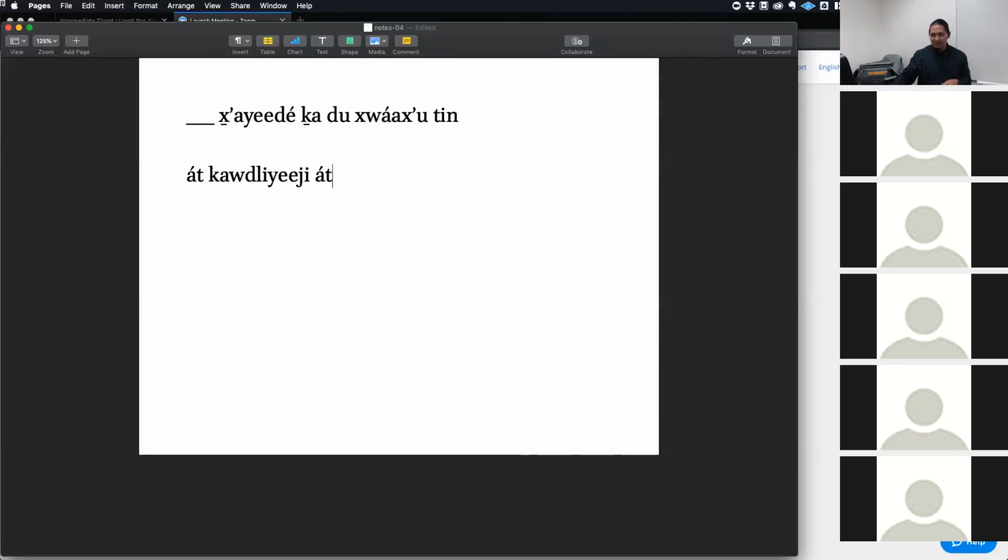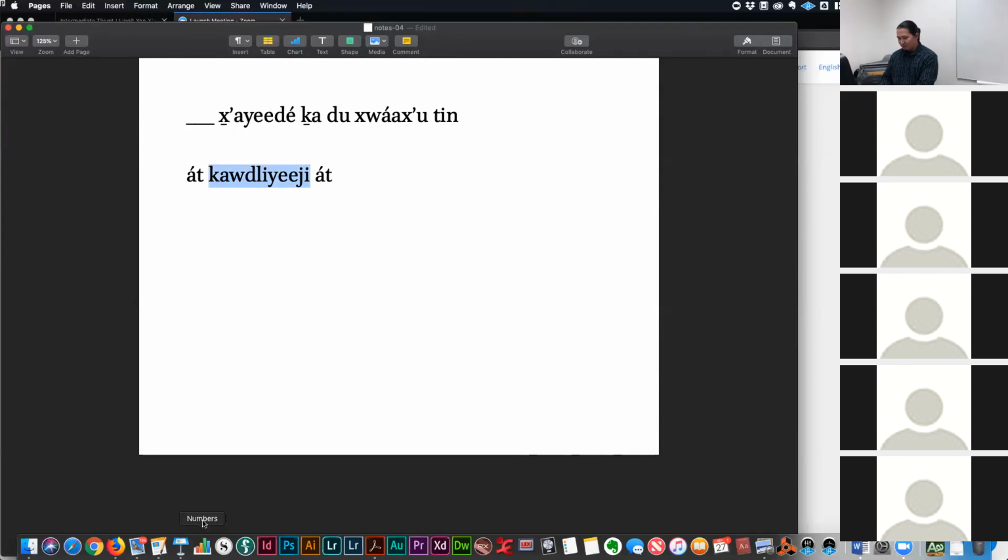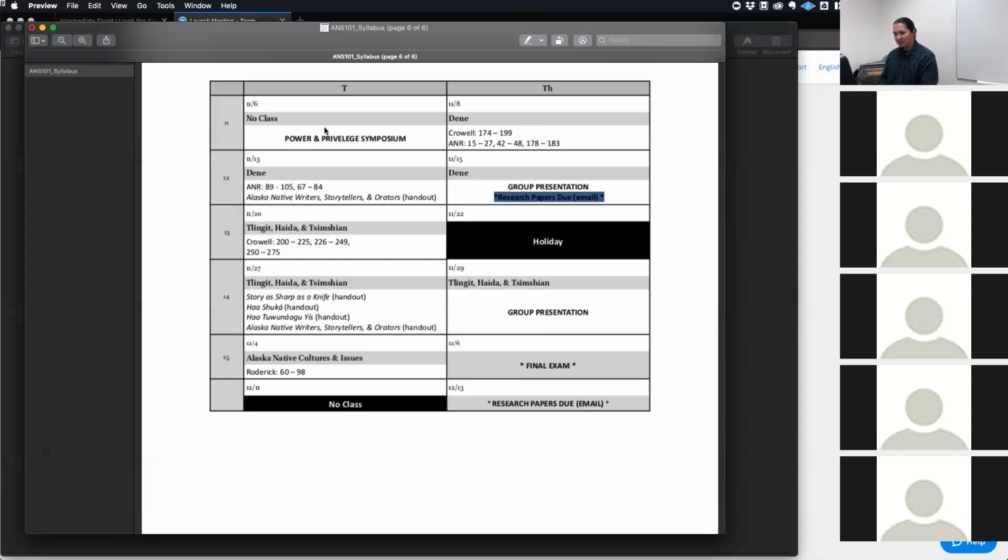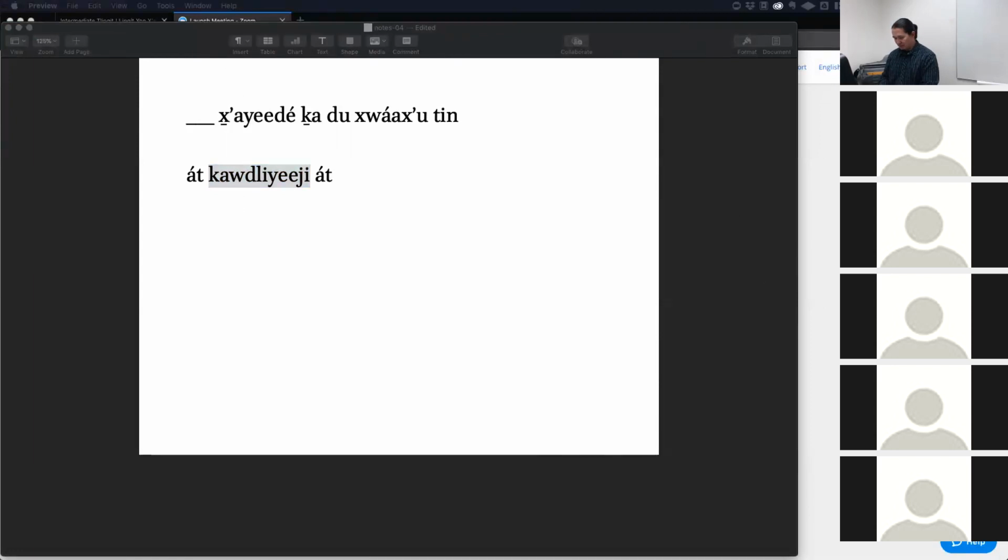So then to get to this kawdliyeeji business, what would I look at? Verb root. Yeah, and the verb root would be? Each. So we'll go find that.